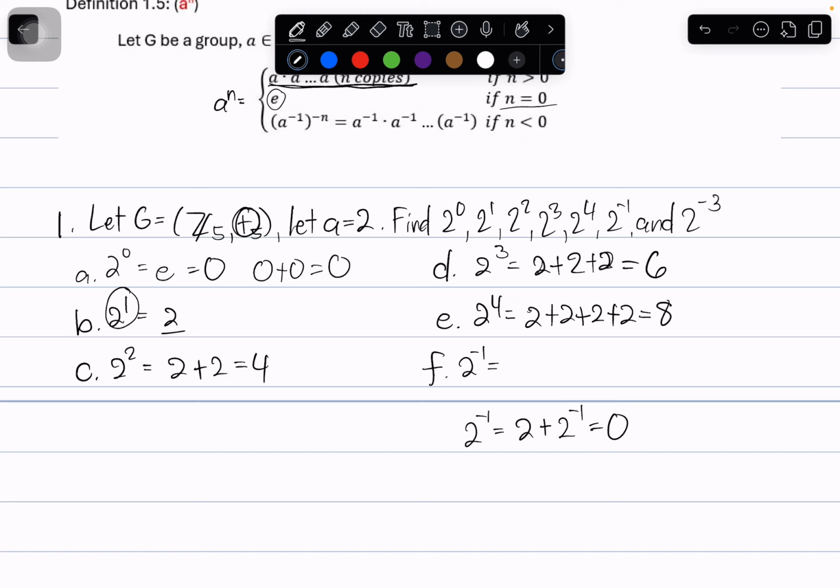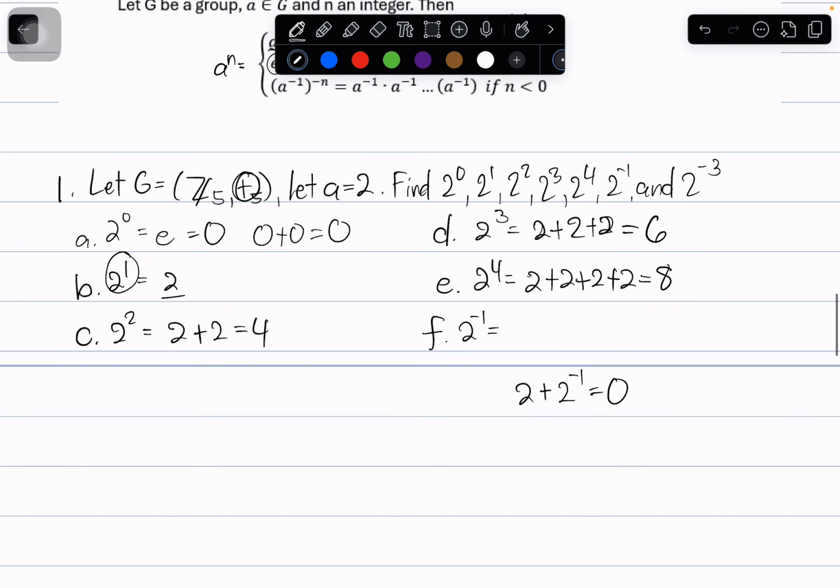Now, to try to find that, we will simply get 2 inverse equals to 0 minus 2. But we don't have a negative 2 in our elements. If we try to do it with simple algebra, we won't arrive at the answer.